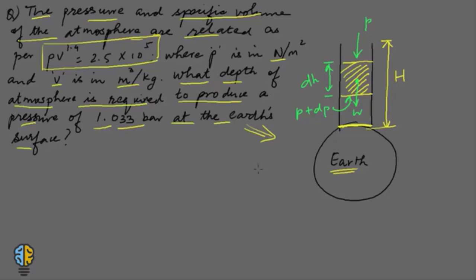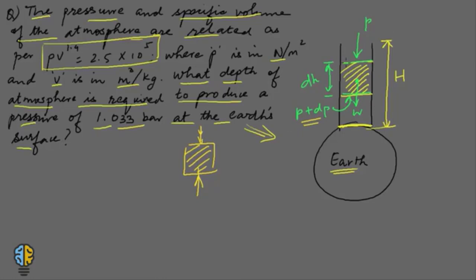Okay, so if I have to balance the force for this particular column, so you will have a force in the upward direction. So let me say this is the column that I have. You will have an upward force like this, and there are two downward forces like this. So the upward force is the pressure into the area.